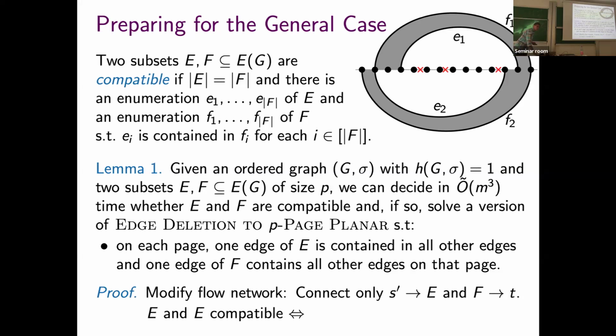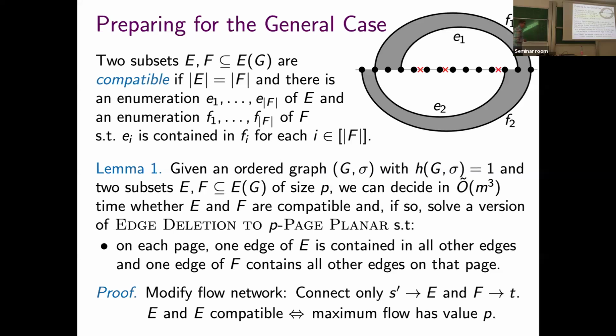And when are the two subsets compatible? I mean, using the flow, what does the flow tell us about the compatibility of E and F? If the flow value is P. Yeah.